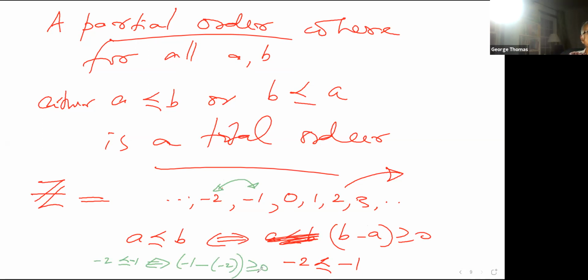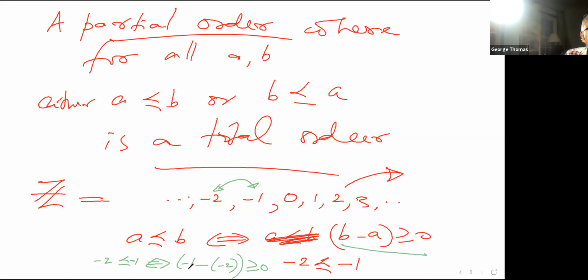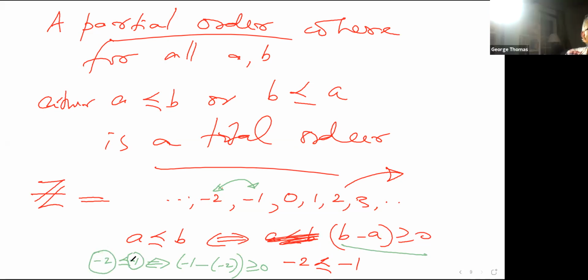Is that condition satisfied? Yes. This is your B, this is your A. So you see, this works for positive, 0, and negative.